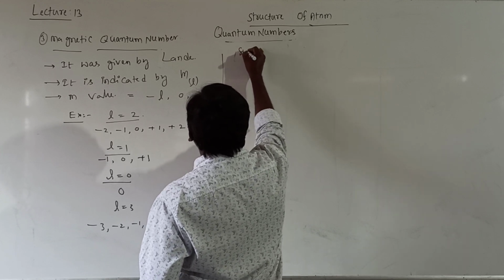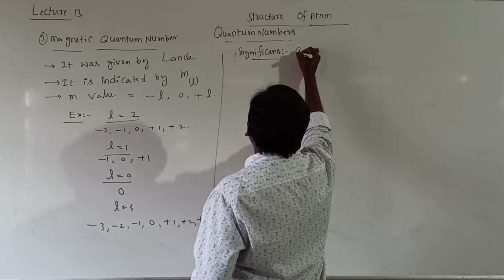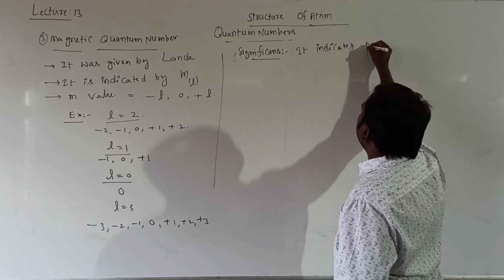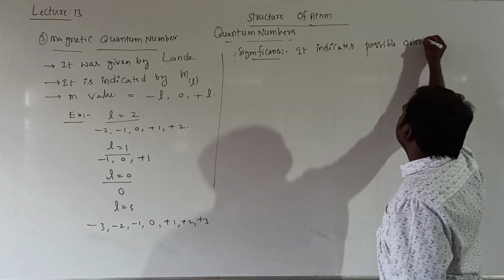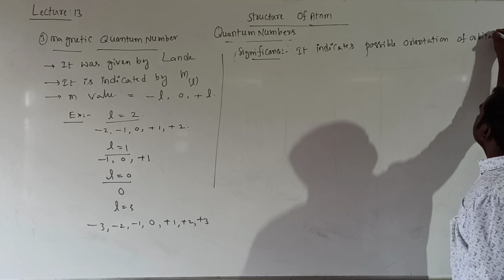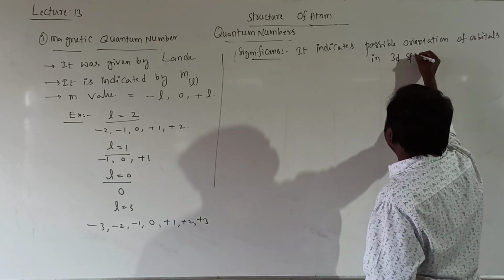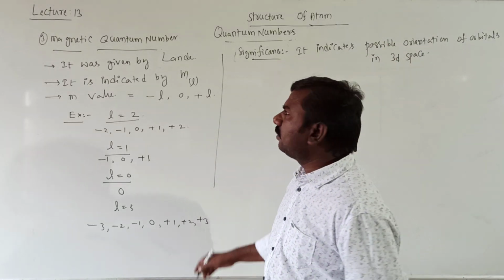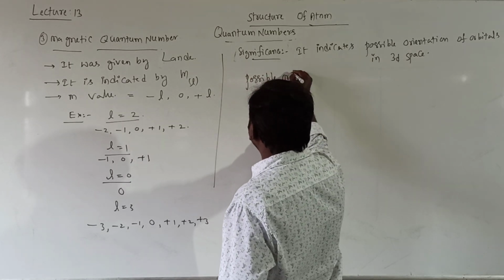Significance: it indicates possible orientations of orbitals in 3D space. Right now, the possible values are possible orientations.